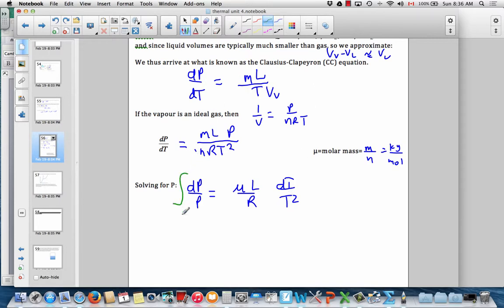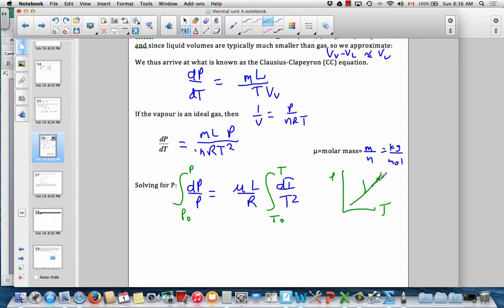And we're going to integrate from a reference pressure and a reference temperature up to a final pressure and a final temperature. And again, this is integrating along this liquid-vapor coexistence curve and trying to find out what the shape is when we're starting at a known point and we're going to another point.